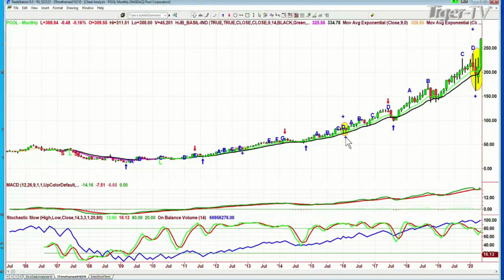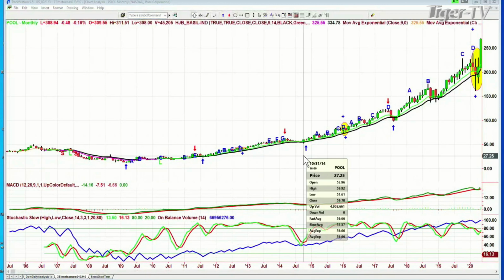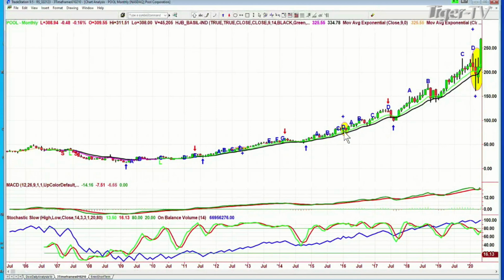Look, 1 instant restart. This is from the low that was in October of 2014 at 51.61. It goes peak ABCD, instant restart, 1 bar lower, and the next bar starts a new recovery high, and all-time high, and then it goes ABCD.